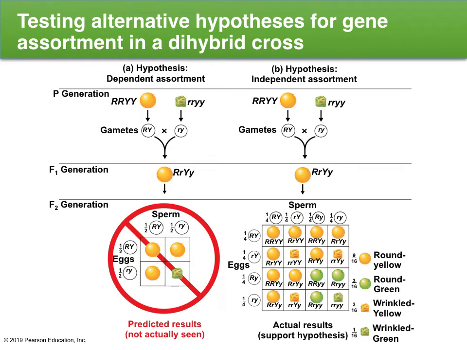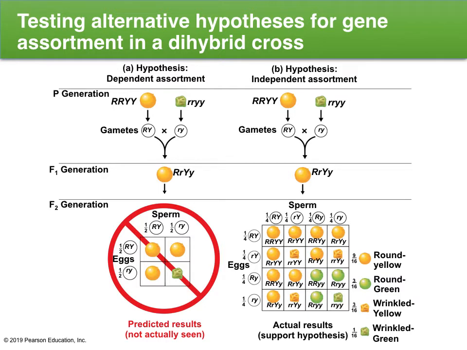So if we look here, now one hypothesis would be dependent assortment, right? That in the parent generation, you'd say, okay, we got homozygous dominant for both of these characters, homozygous recessive for both of these characters. So again, this is so far like what we saw in the monohybrid cross.